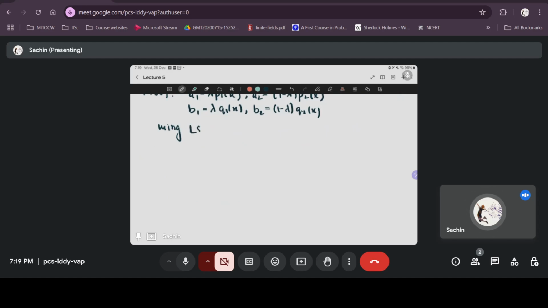Using the log sum inequality, you can then say summation i equal to 1 to 2 of ai log ai over bi is greater than or equal to summation ai times log of summation ai over summation bi.